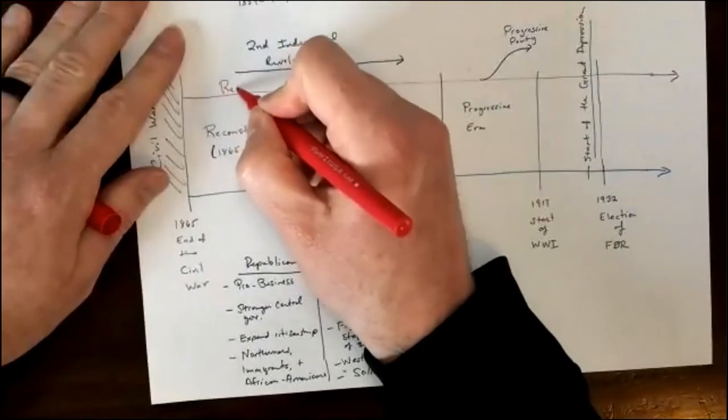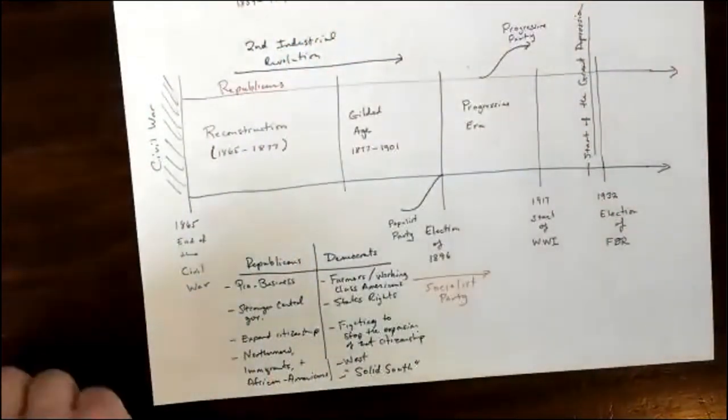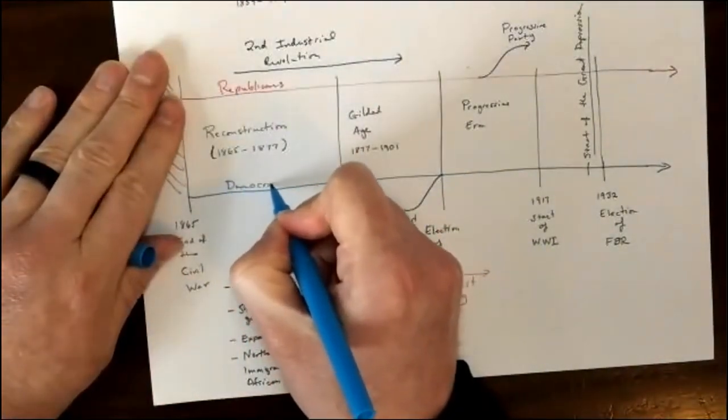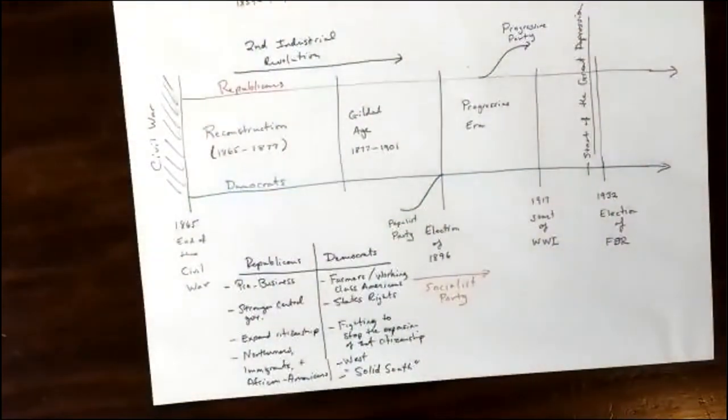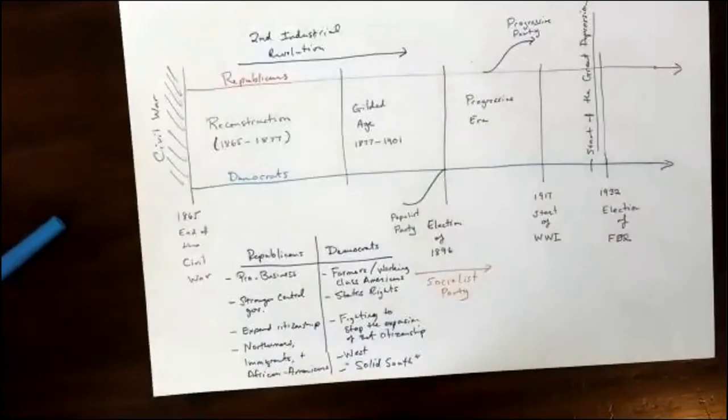This is the Republicans. More. And then the more pro-working class, that is the Democrats.